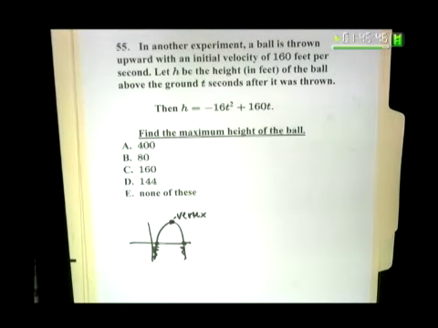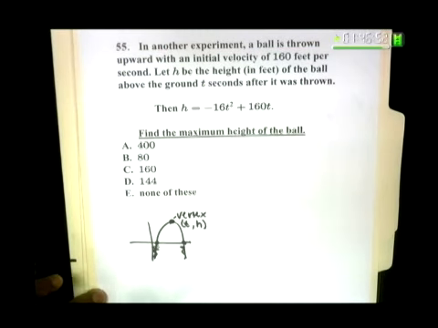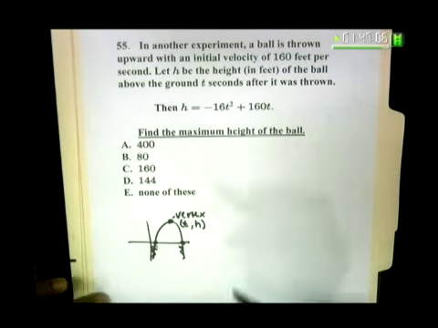But we're not looking for the entire point, right? So the vertex is going to be a point that in terms of this equation would be t comma h, where t is the number of seconds and h is the height. What is the question asking us to find? h, the maximum height.